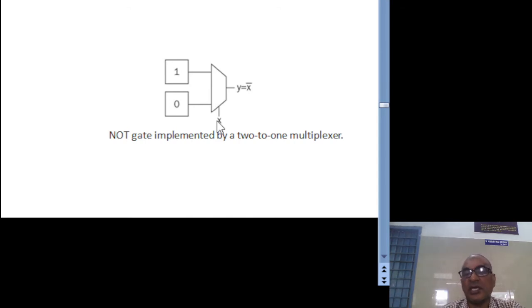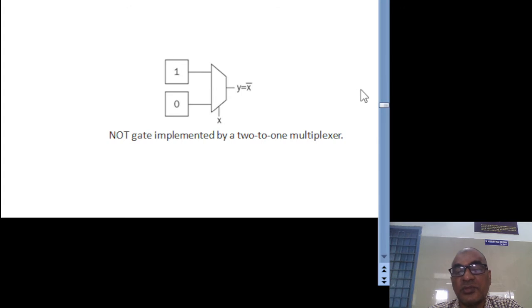Is it clear? So before drawing this directly, prepare a truth table for the NOT gate: one input x, and the output y. X is 0, y is 1. X is 1, y is 0.